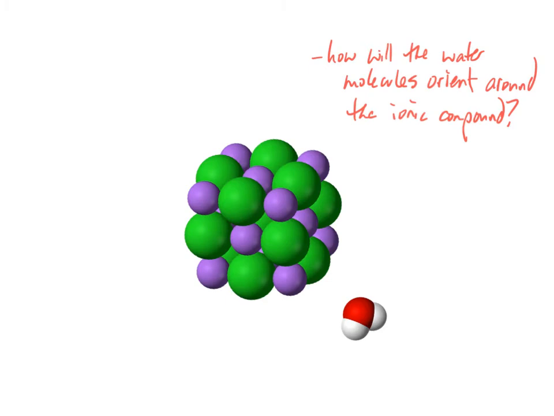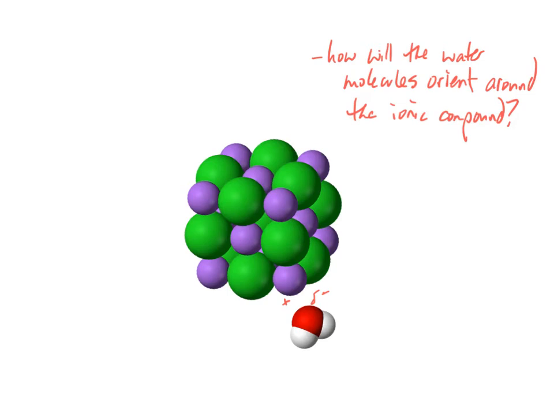So we've got this one water molecule. The question is, where is it going to land and how is it going to orient itself? Well, we said before that this end of the water molecule, the oxygen part, is partially negative. And we said that this purple one was the positive ion. And so there's an attraction there.